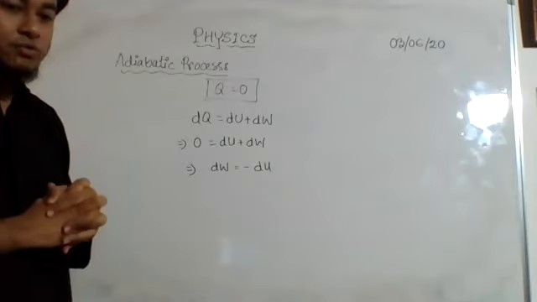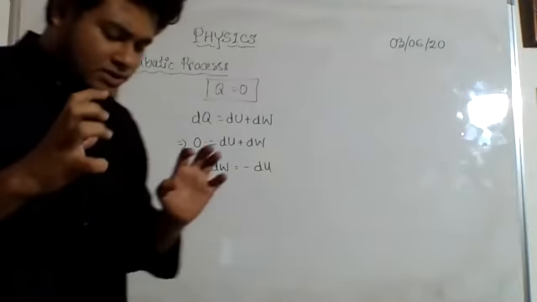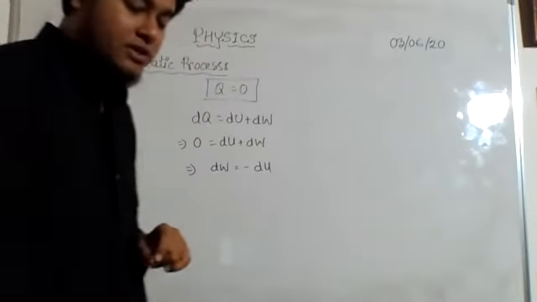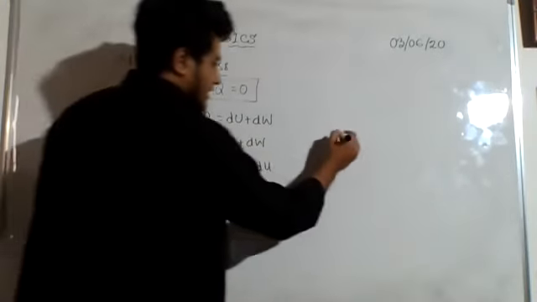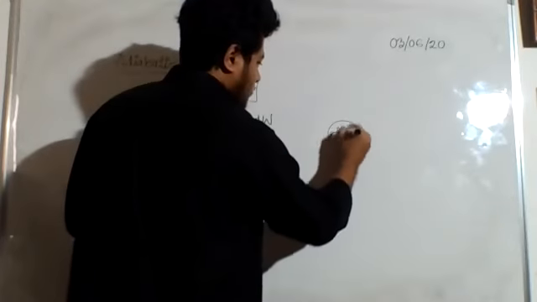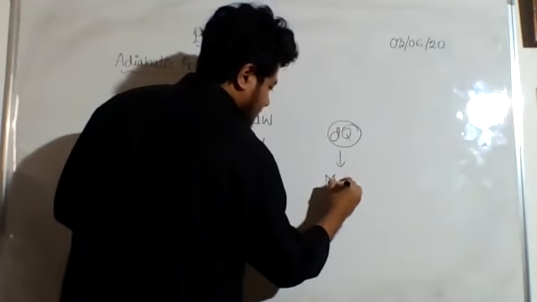Now, the way I like to think about it is, let us say dq is the amount of money supplied.